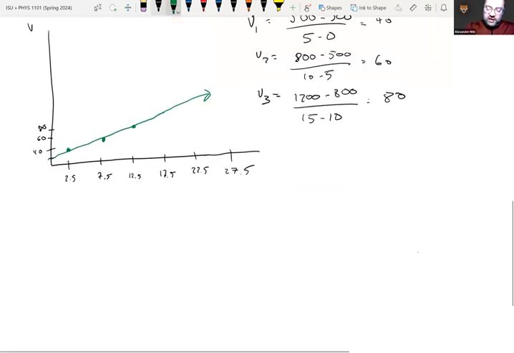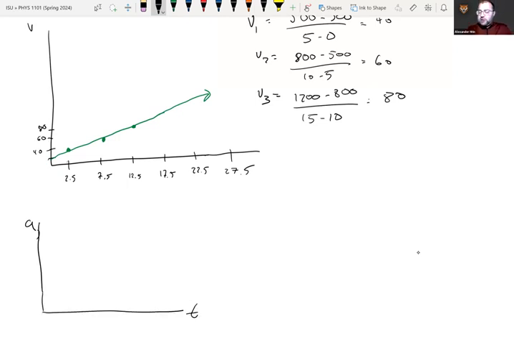Now, if we wanted to do the acceleration curve, the acceleration versus time is just going to be the slope of this thing, okay? So assuming this is roughly straight, which is not a bad assumption, we can then go roughly linear. We can then find just the slope.